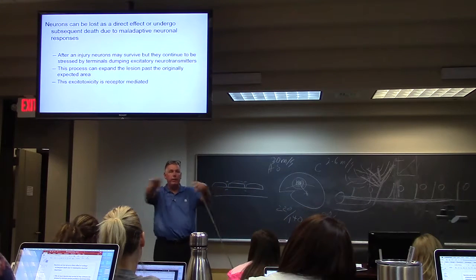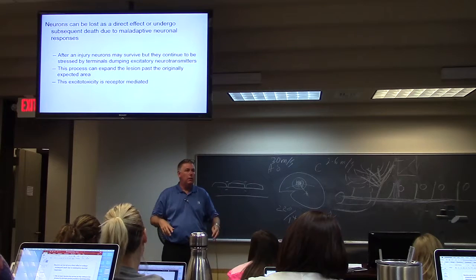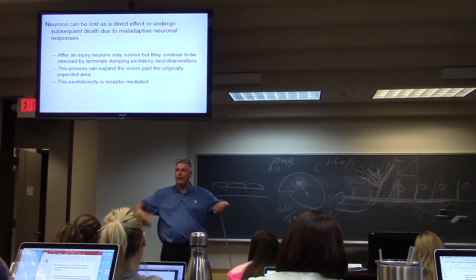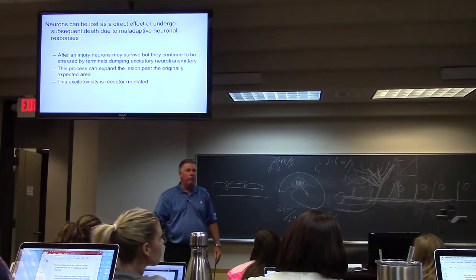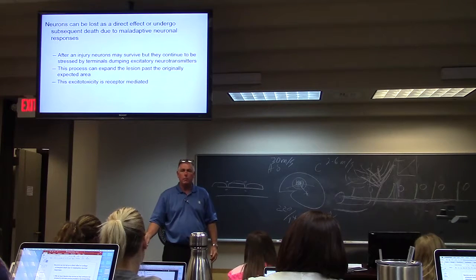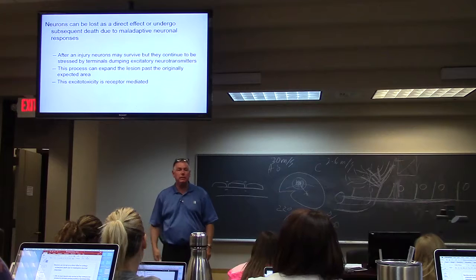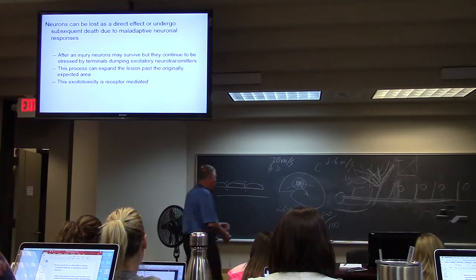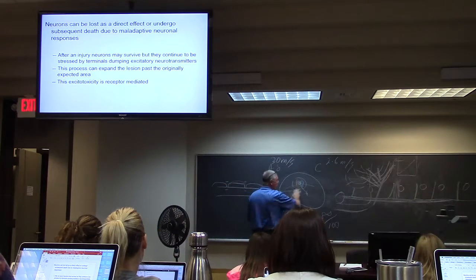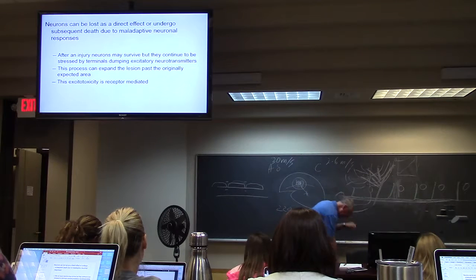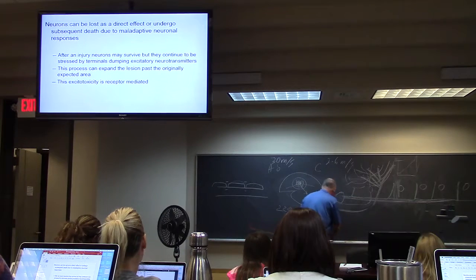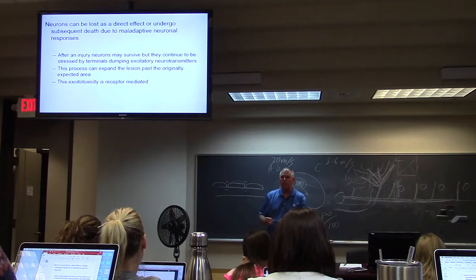They're going to excite all of these other neurons. The constant excitation will kill them over time. And that's what excitotoxicity is. You're trying to limit the degree of excitotoxicity and the ischemic injury.